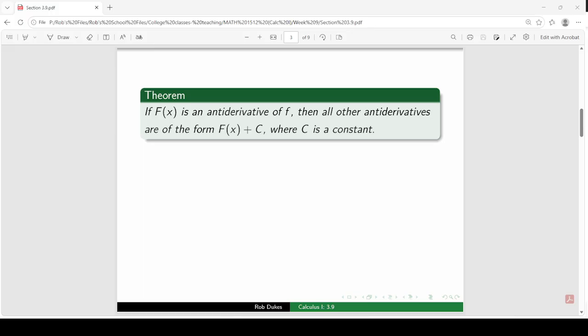And so we could prove this if we say we'll have some function little f, and we'll say capital F and capital G are both antiderivatives.